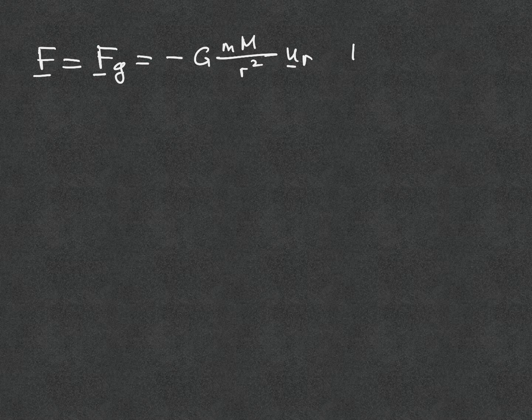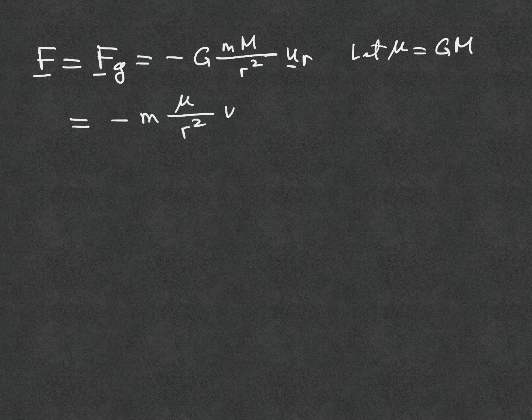Let mu equal G times big M. So that's going to give me minus m times mu over r squared times u_r. That's the force of gravitation, and that's also the resultant force because the only force being applied to little m is the gravitational force from big M.